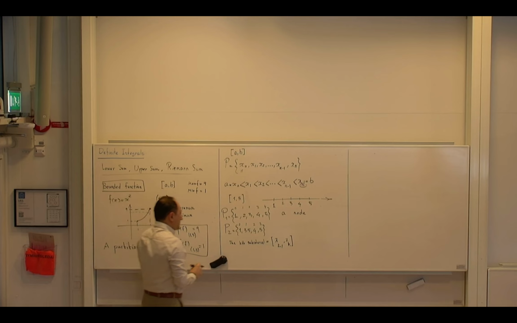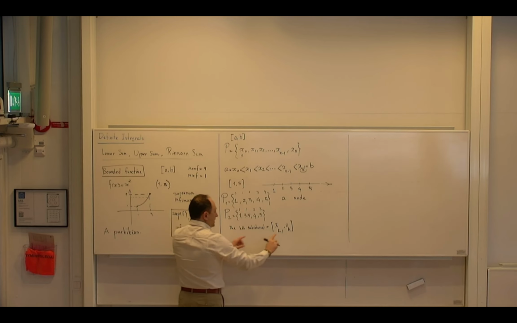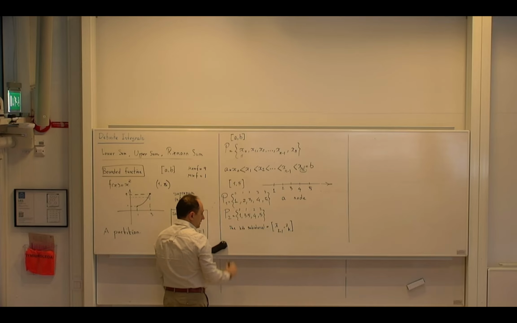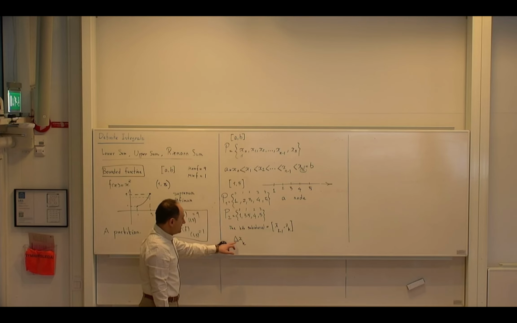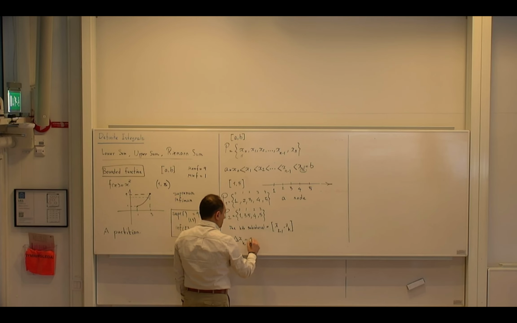And then there is another concept: what is the length of the kth interval? The length of the kth interval is denoted by delta x, and then you equip it with an index k. So this means the length of the kth interval, which is extremely simple. What is that? It is x sub k minus x sub k minus 1.